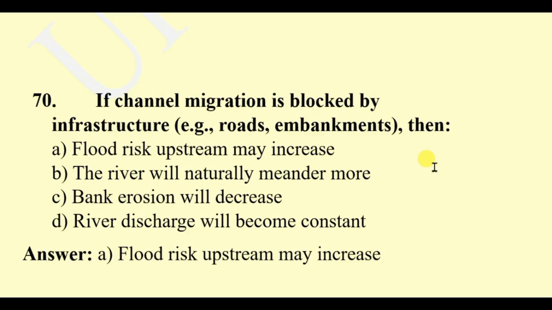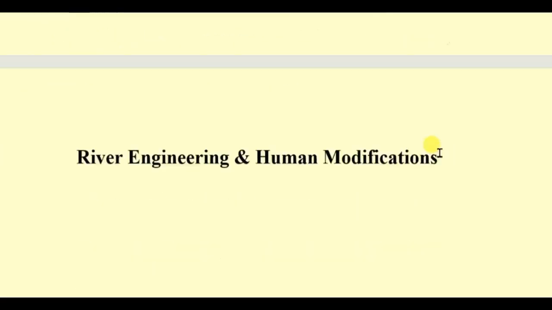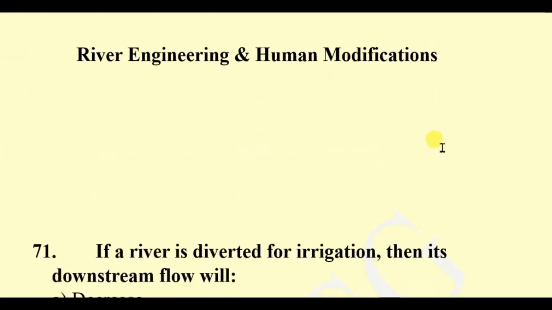Here the right answer will be flood risk upstream may increase, because the flow sometimes becomes choked. If the flow can't pass through the river, then what happens? Flood may come. River engineering and human modifications.